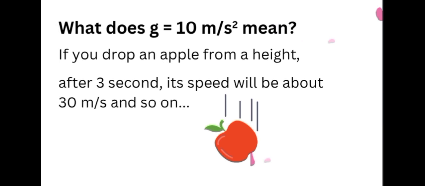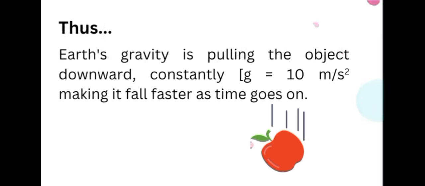After 3 seconds, its speed will be 30 meters per second, and so on. Thus, Earth's gravity is pulling the object downward at a constant rate of 10 meters per second every second, making it fall faster as time goes on.